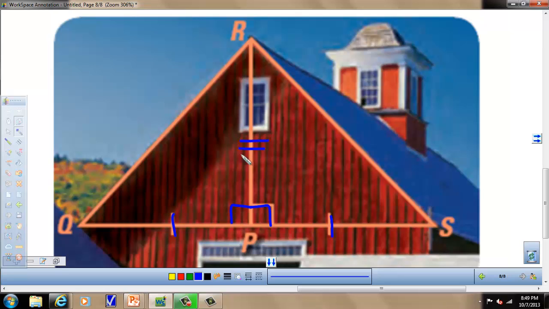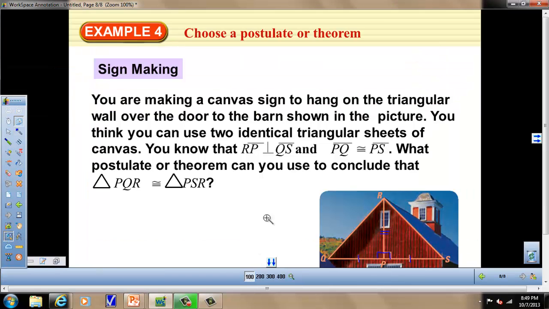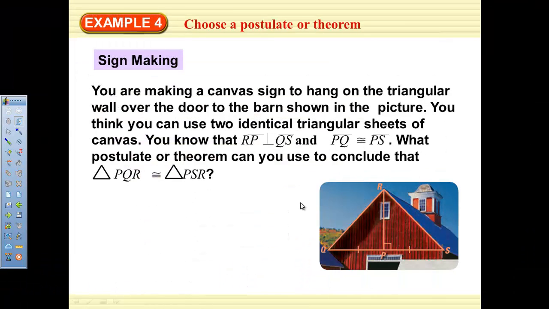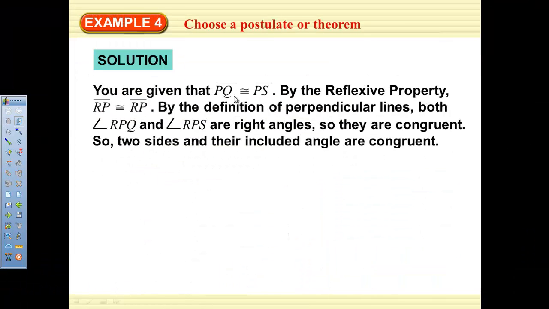This is not hypotenuse leg, but it is side angle side. So in this case, we can use side angle side. So I think this one's more of an informal proof. We want to know which postulate or theorem to conclude that the two triangles are congruent. In this case, it would be because of side angle side. So we know that those two sides are congruent because it's given.